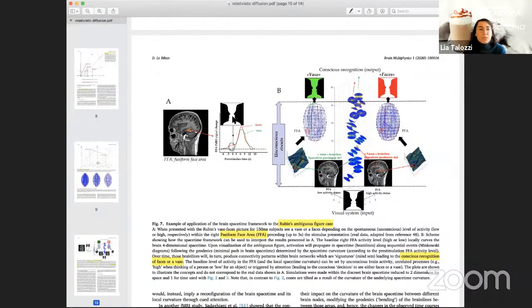Here the Rubin's figure is also described, where a figure is shown and you are asked what you see. You can answer that you see a face, faces, or a vase. And it is hypothesized that a different chain of events, a different timing of activation in this network, can bring you to a different answer.